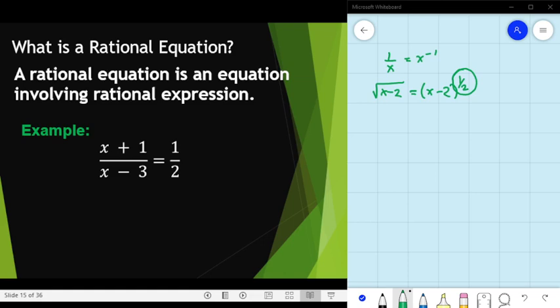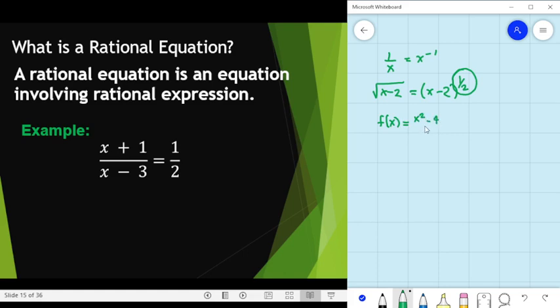If we compare the rational function with the rational equation, the difference is that the rational function has f of x. The earlier given was f of x equal to x squared minus 4 over x minus 2, wherein f of x is similar to y.